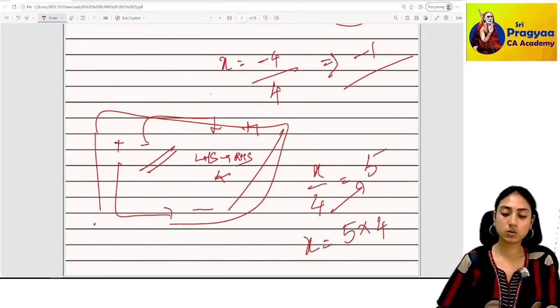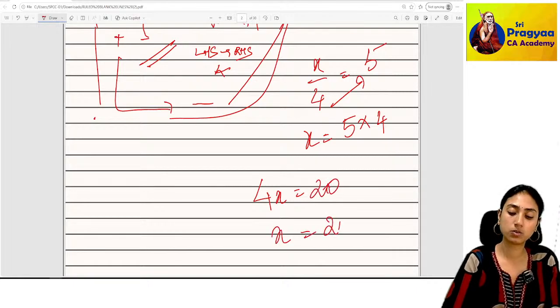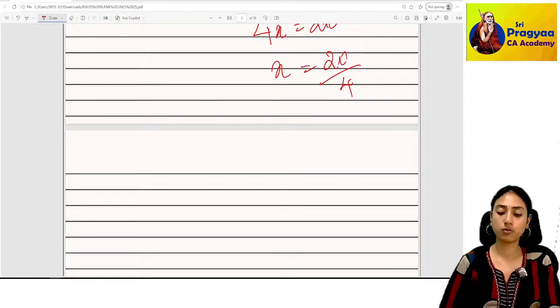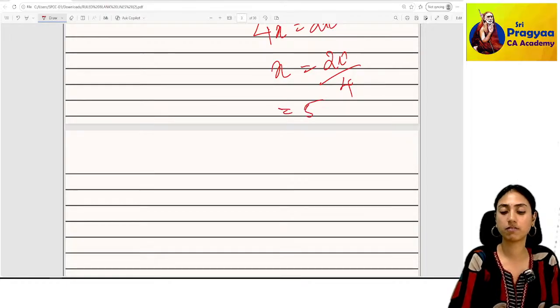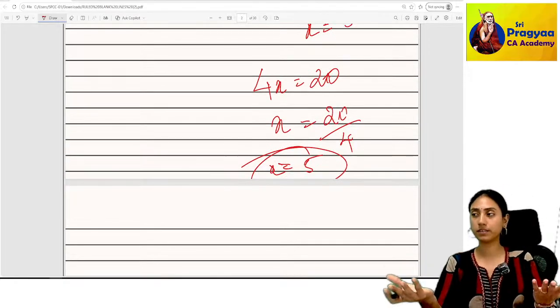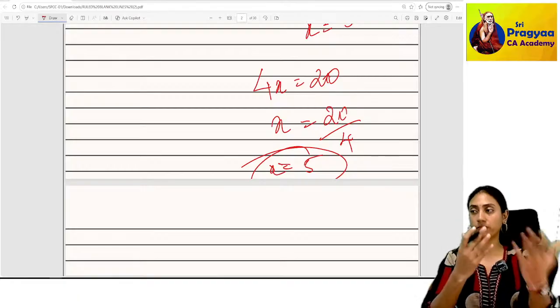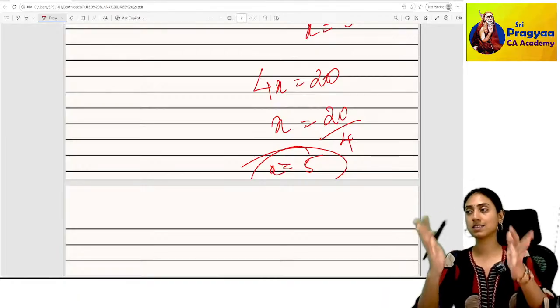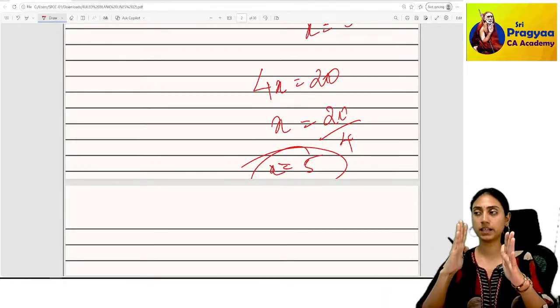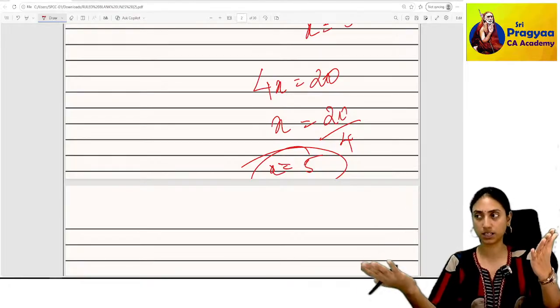For example, if I have 4x is equal to 20, then x is equal to 20 by 4, which is 5. So whenever you are moving from the LHS to the RHS, if it is multiplication, it becomes division. If it is division, it becomes multiplication, the cross multiplication method.